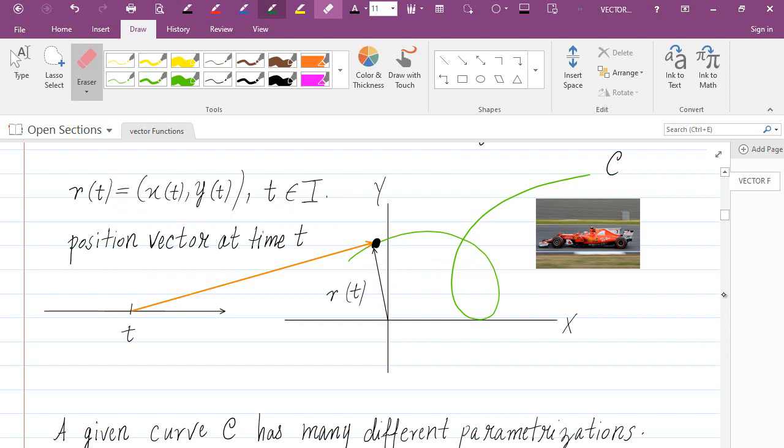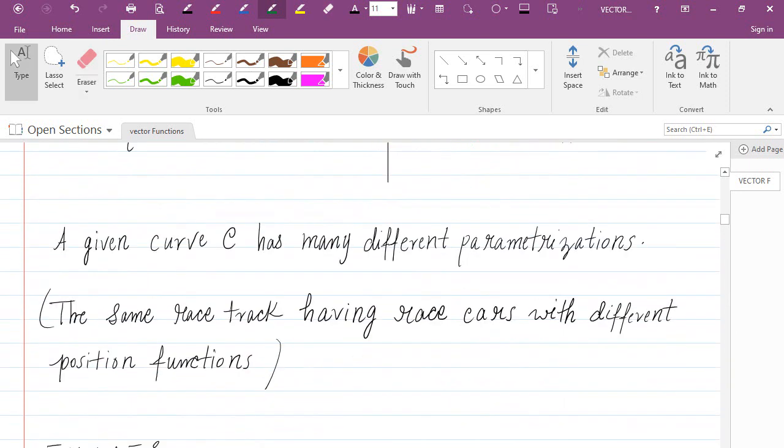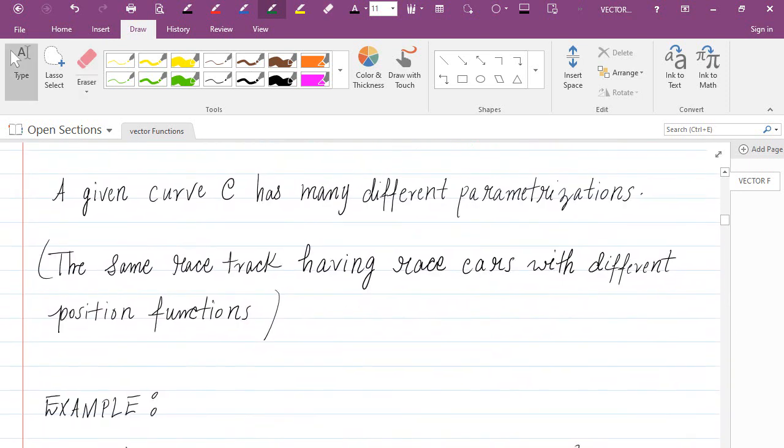Now, a given curve has many different parameterizations, and that kind of makes sense because the same racetrack can have many race cars with different position functions, right?